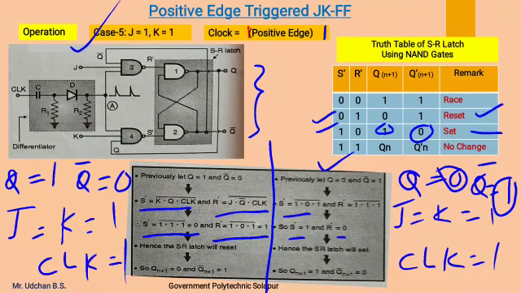This is how the output toggles between reset and set state. Therefore this condition is called a toggle condition or toggle state. Toggling means the output shuffles between the two states continuously after every positive clock edge.